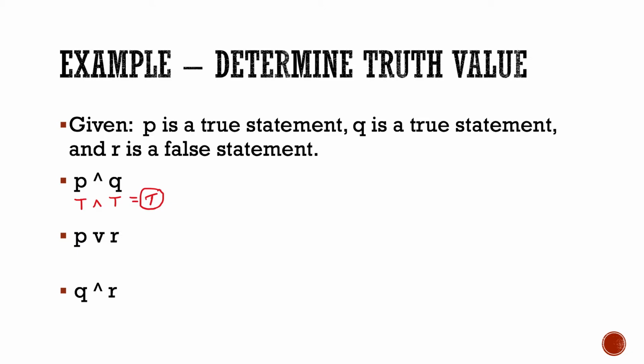All right, let's do the same thing for P or R. I'm first going to identify the truth value for the P. We know that P is true. I'm going to put my or statement in between. Now I'm going to look at the R. We're told R is false, so I'll put an F there.